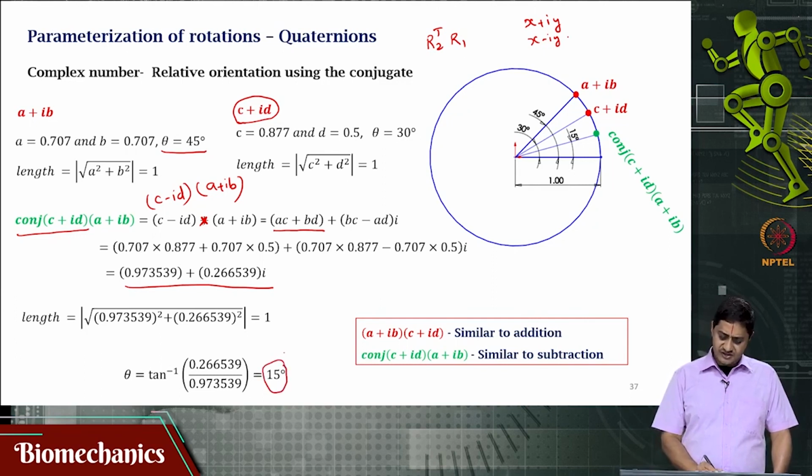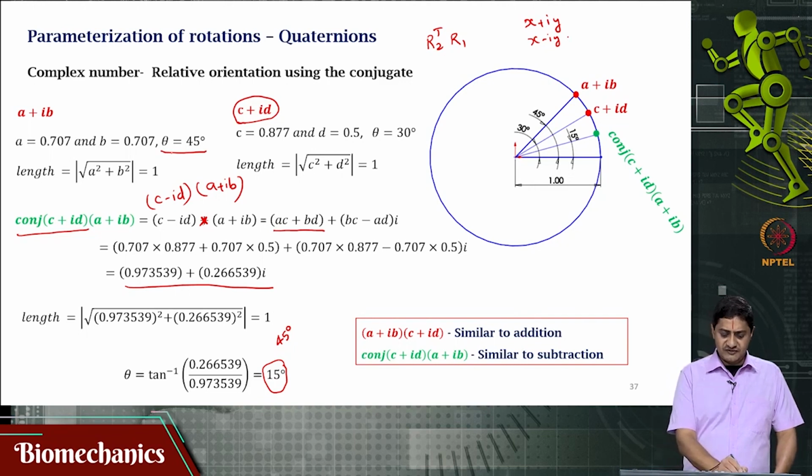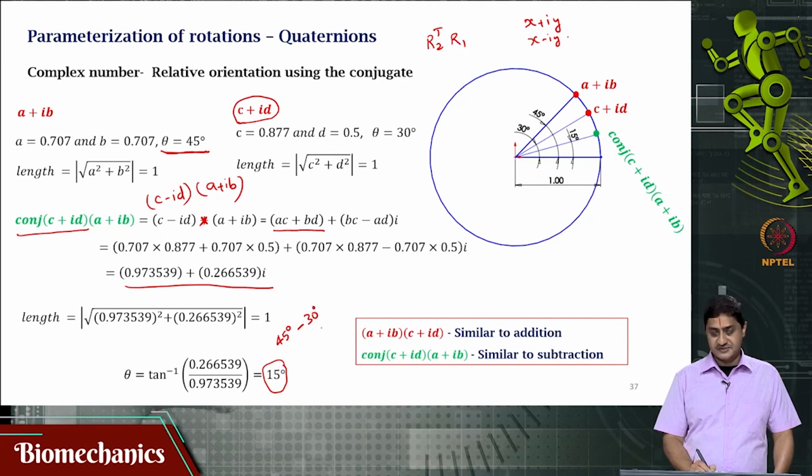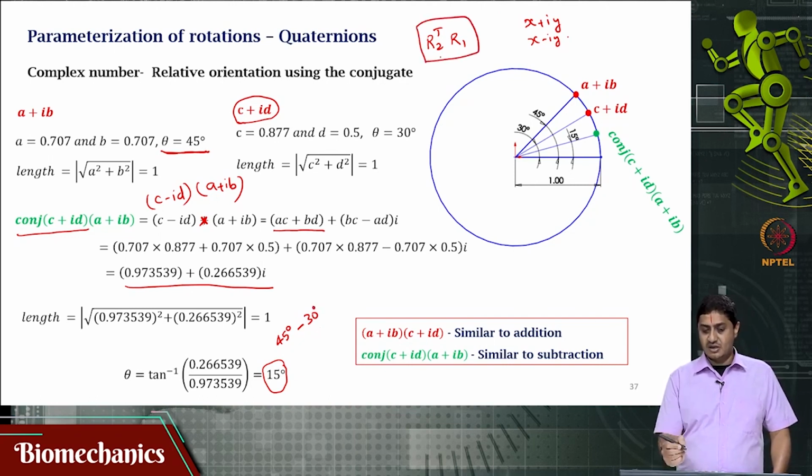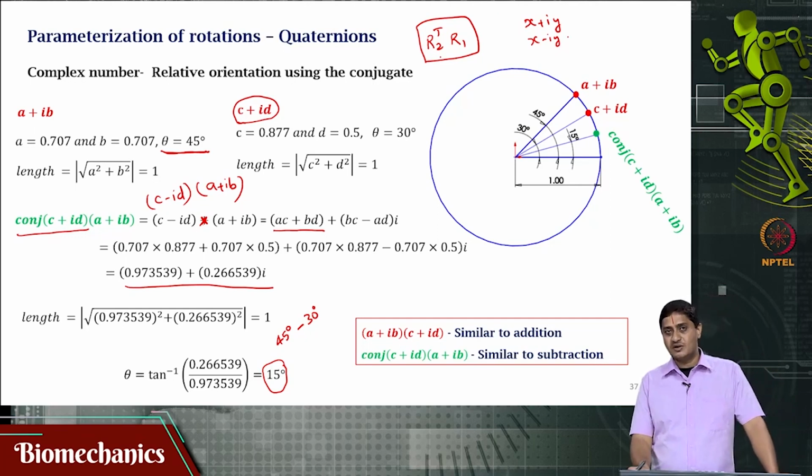Now, what is this 15 degrees? This is the difference between the original, the first angle 45 degrees and the second angle 30 degrees. Remember, we performed this R2 transpose times R1. Now, the transpose is going to help you find the relative orientation, remember.